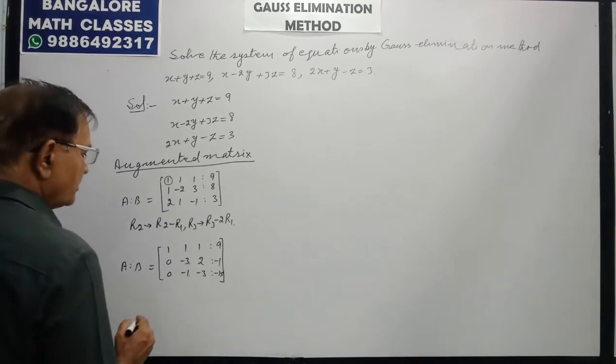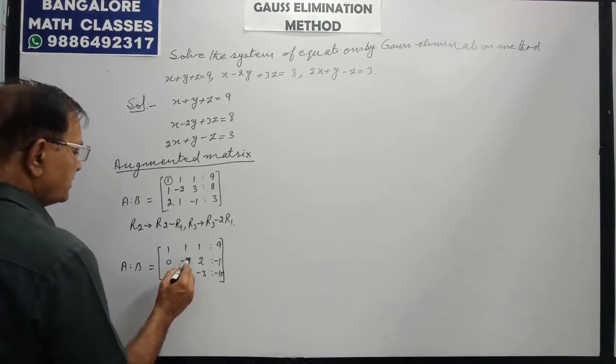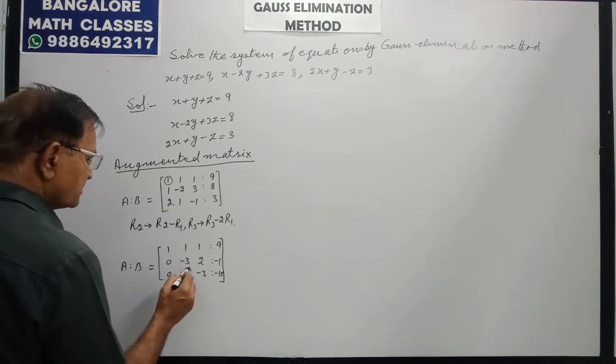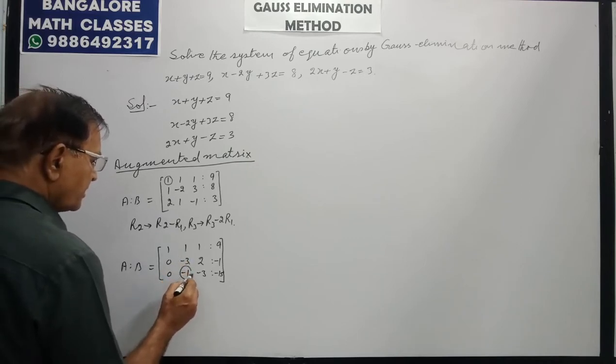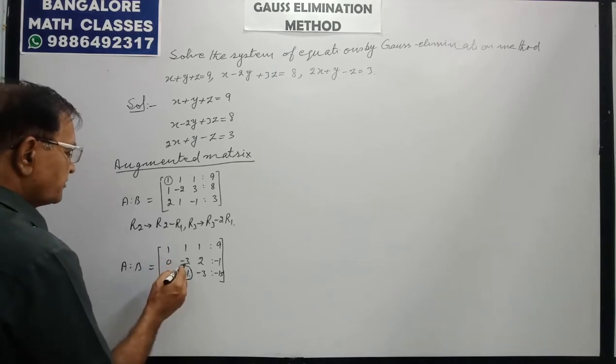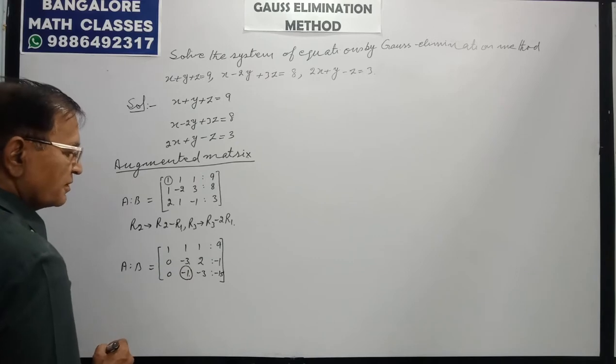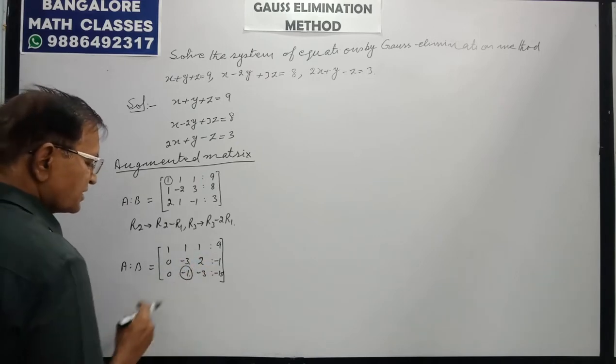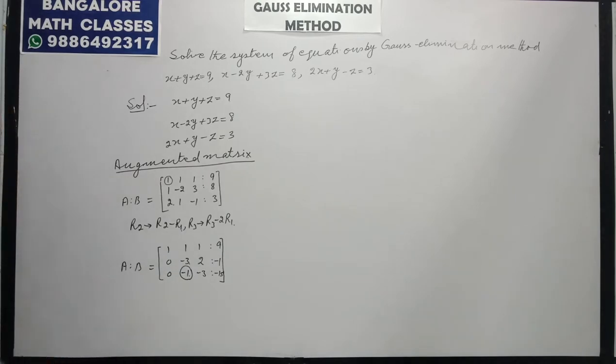Now our aim is to bring this entry here, then make the entry below it 0. One way is to multiply by 1/3 and then add, which is possible, but it will come out with fractions. Our tendency is to avoid fractions.